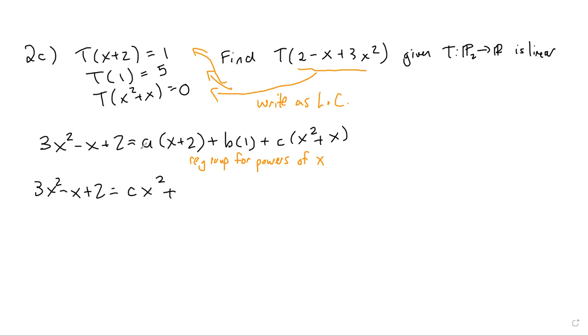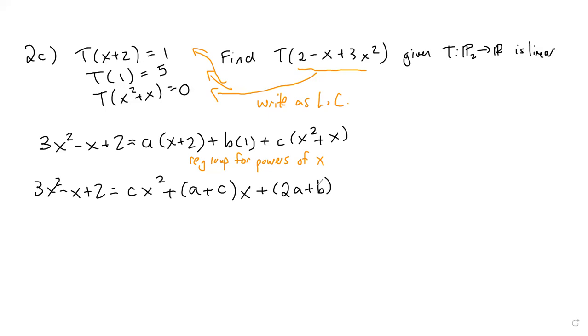And then for the x's, I've got the a attached to the one here, and the c over here is going to attach to the one on the far right. So a plus c x. And then for the constant, I actually have 2a plus, sorry, 2a plus b times 1.